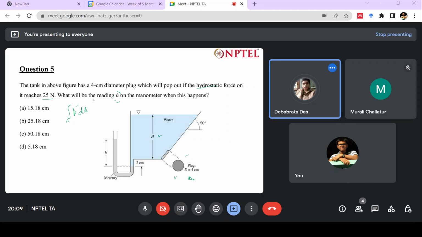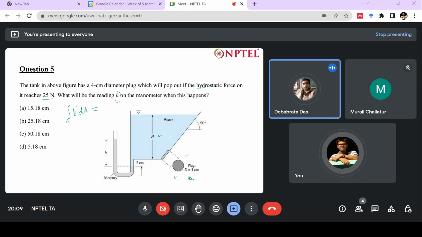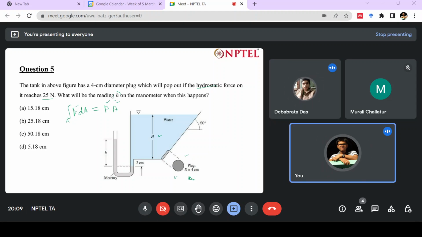The concept is that the force, P dA, is equal to some equivalent pressure into the area. Since the pressure varies linearly, the equivalent pressure will be the pressure at the center.